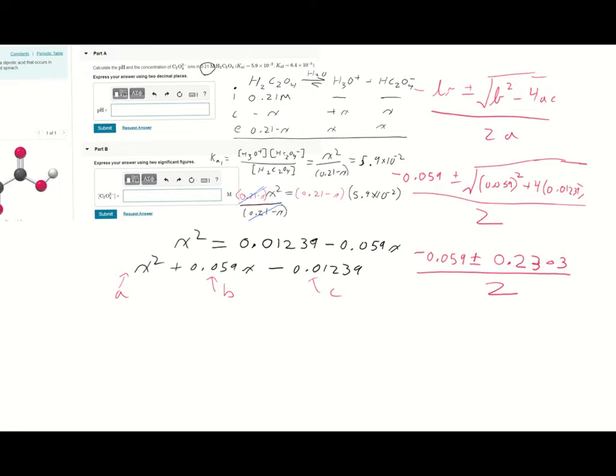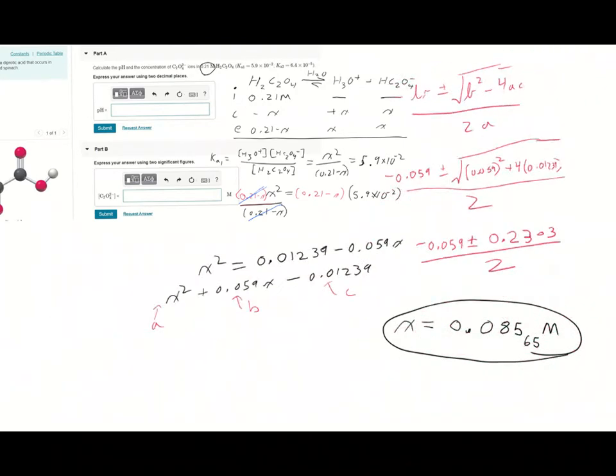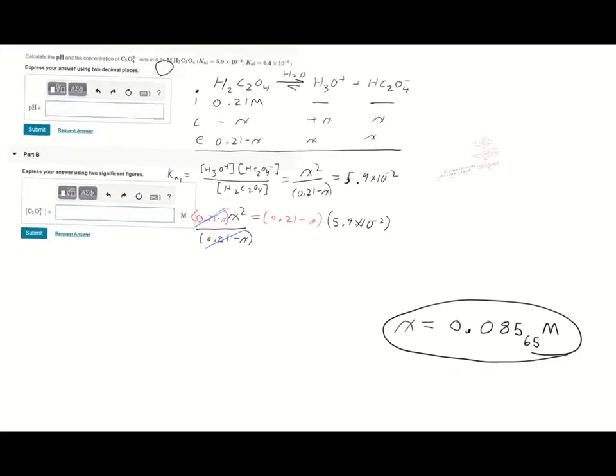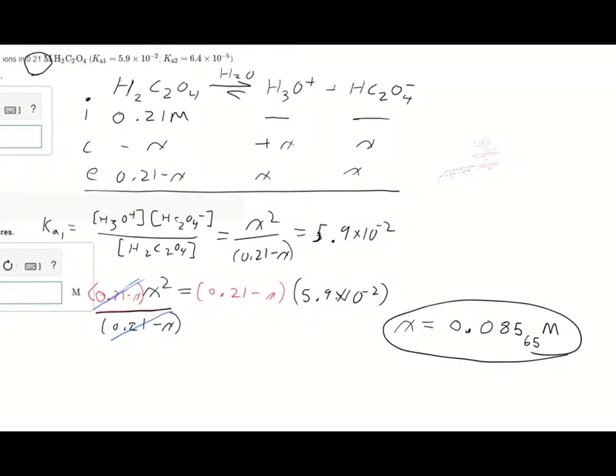So what does that mean? Good question. Let's go back to our ice chart. That means that our concentration for our first equilibrium of our hydrogen ion concentration is 0.08565, and the concentration of our weak acid is also going to be 0.08565.